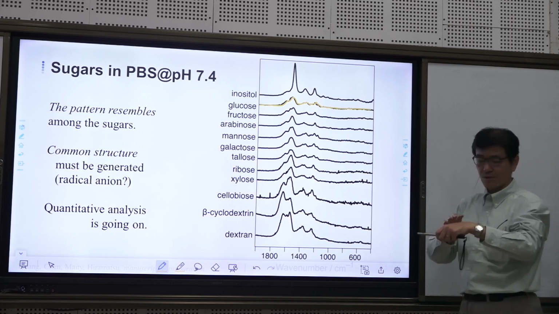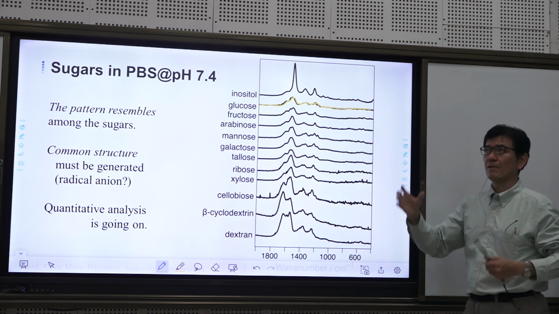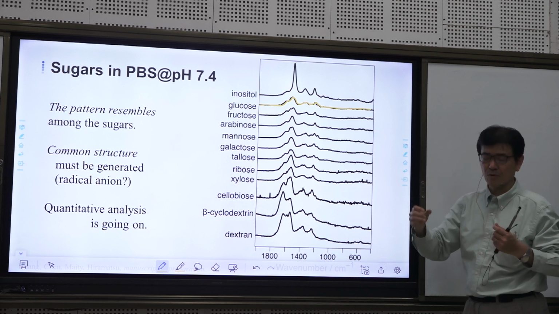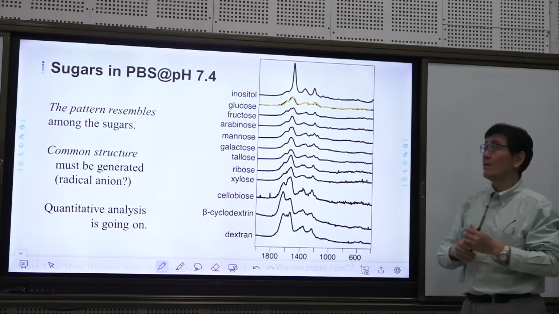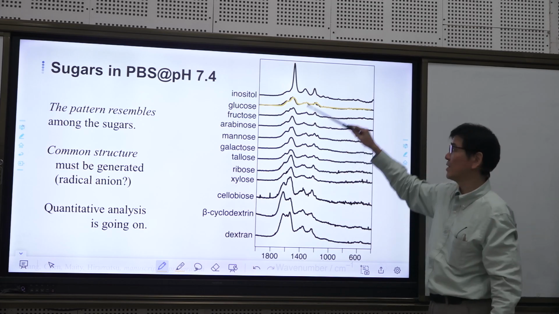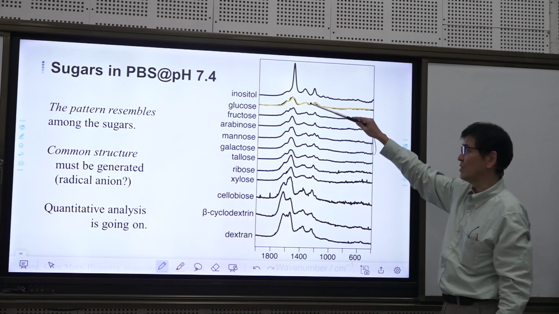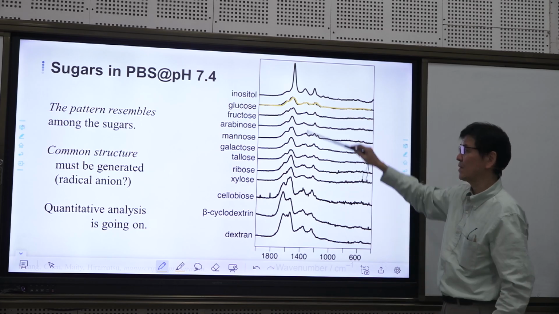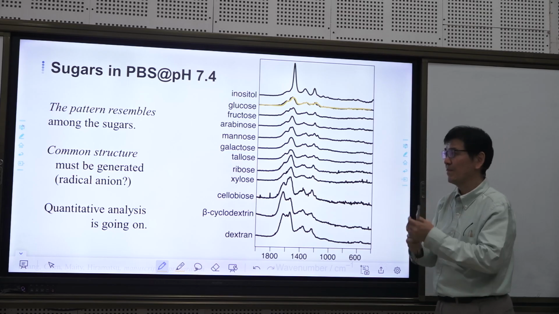In our body, radicals are formed, and they are eliminated by some proteins or vitamin C or some compound. But by chance, a radical will damage sugar, make a radical anion sugar and change the structure.